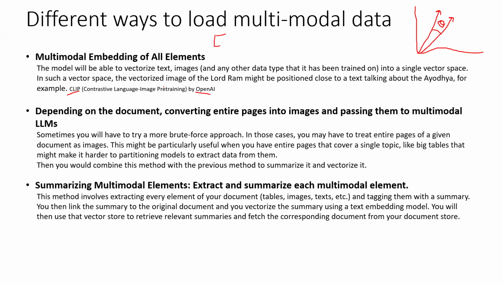So for me, it's just like I have switched from OpenAI embedding models like text-embedding-ada or large. Instead of those, I will be using the CLIP model this time because my input data is multimodal.